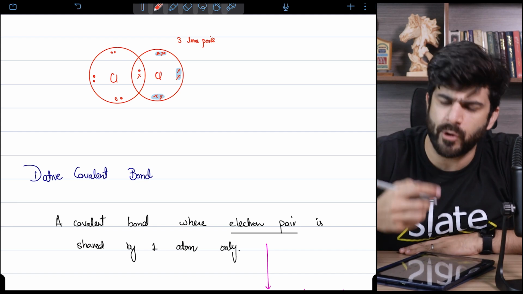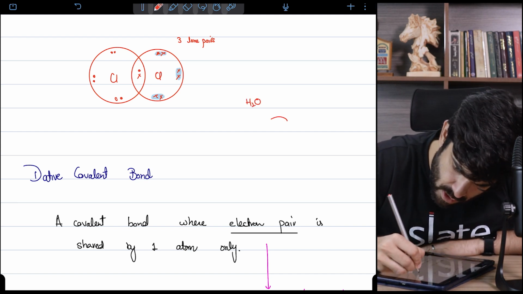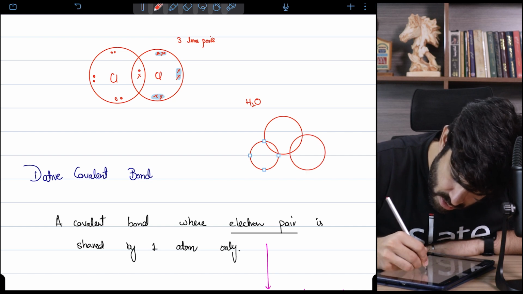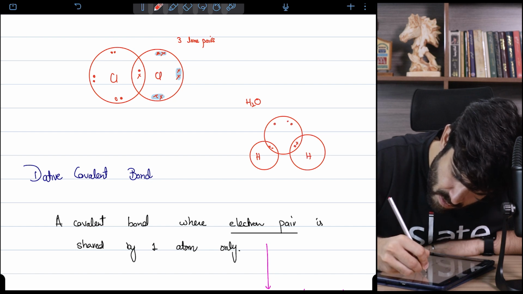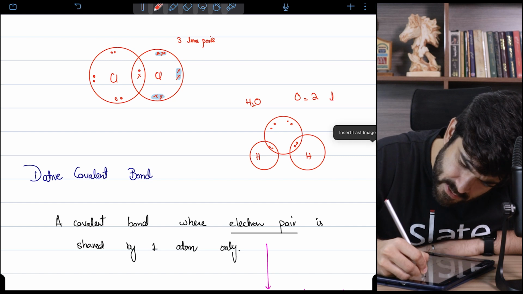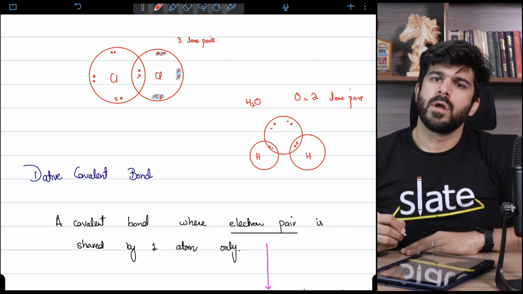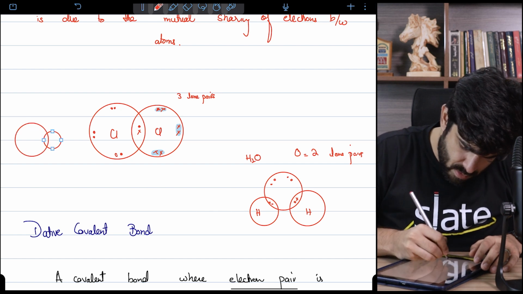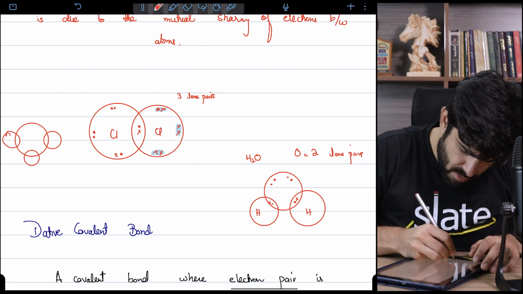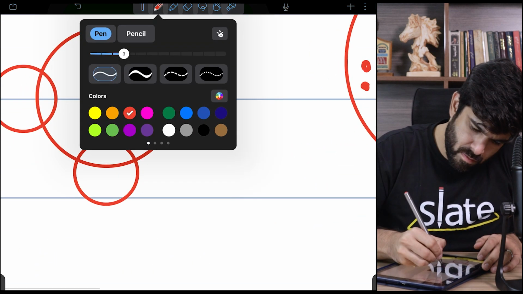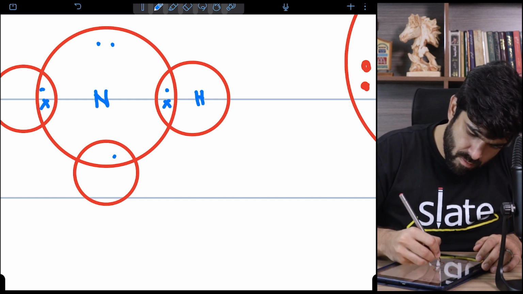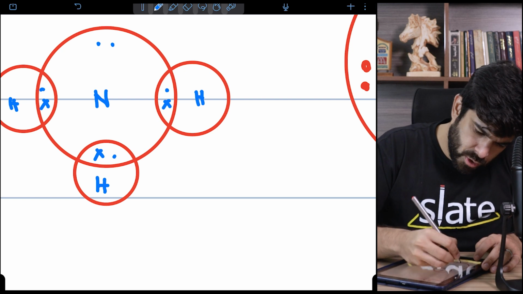If we talk about water, for instance, covalent bonding again, oxygen has 2 lone pairs. If you talk about ammonia, group 5, so 1 lone pair.